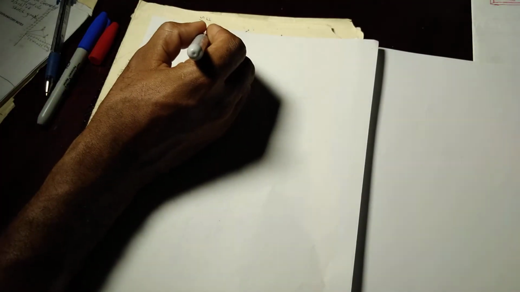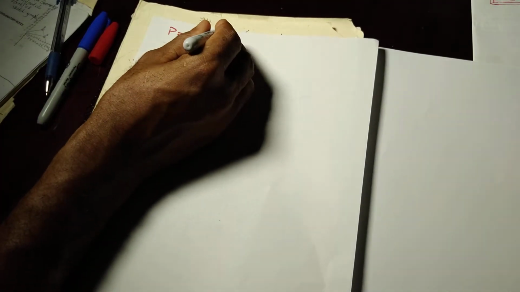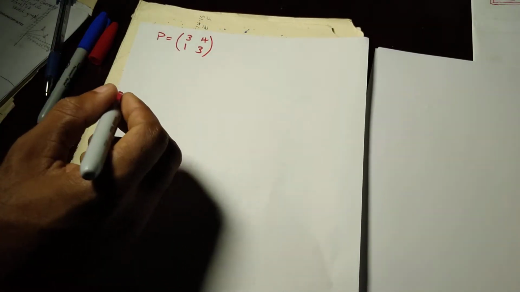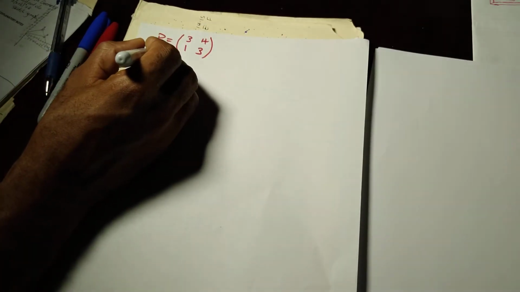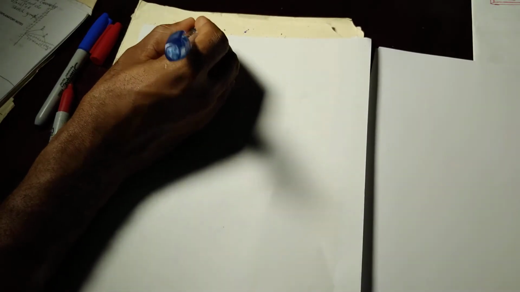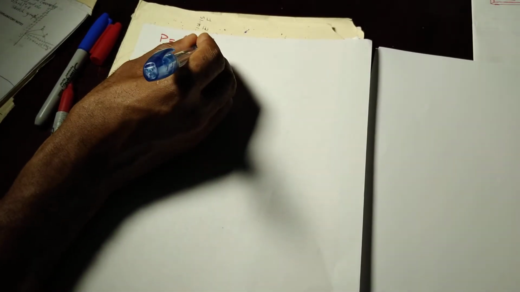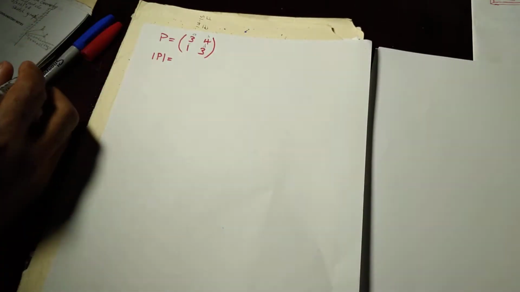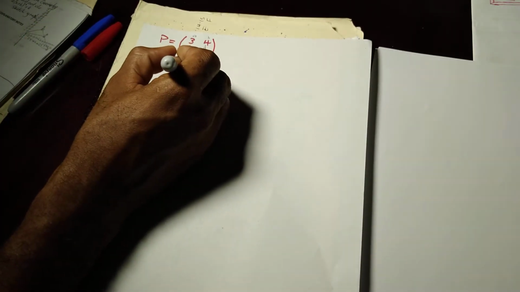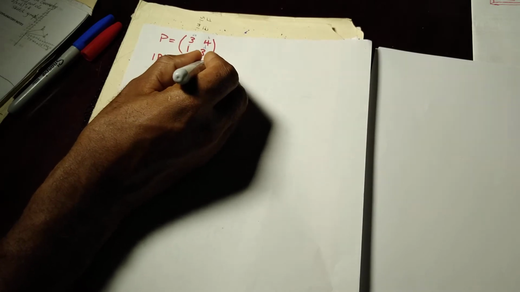All right, so let's say we have a matrix P. Now P is equal to 3, 4, 3, and 1. So let's say we want to find the determinant of P. Now, remember the values: this is A, this is B, this is C, and this is D. The determinant of a 2 by 2 matrix is AD minus BC.